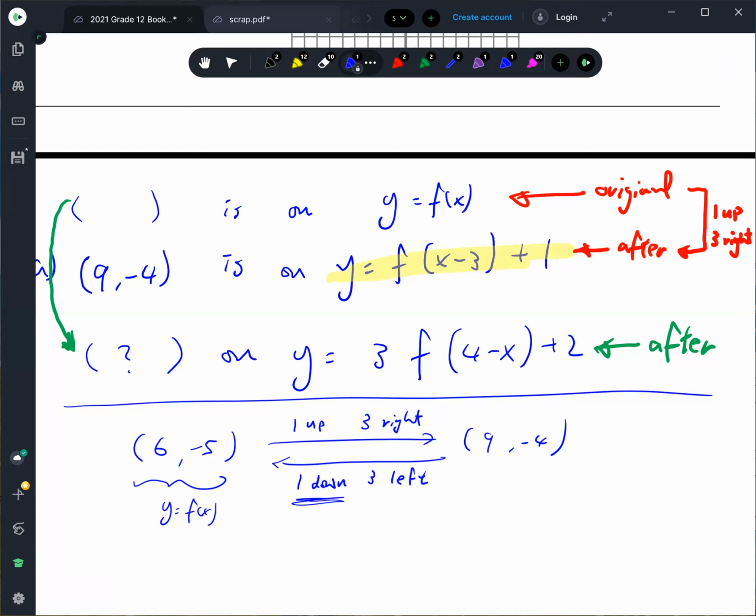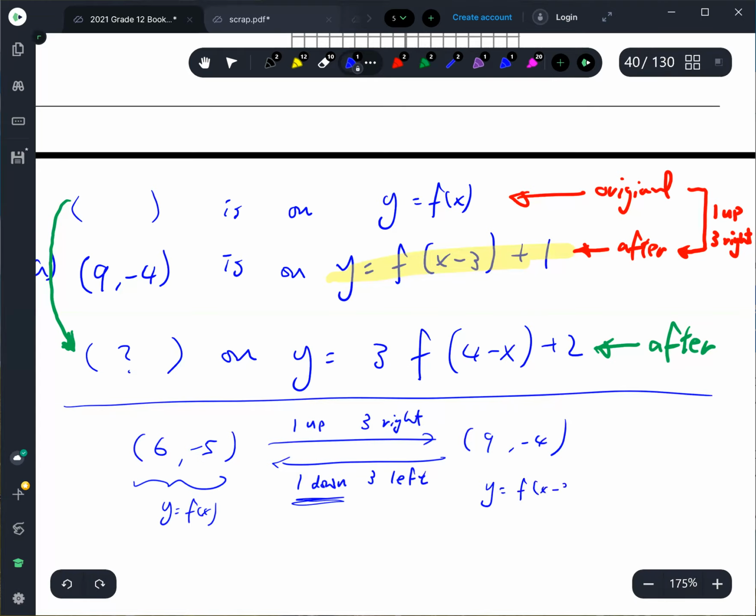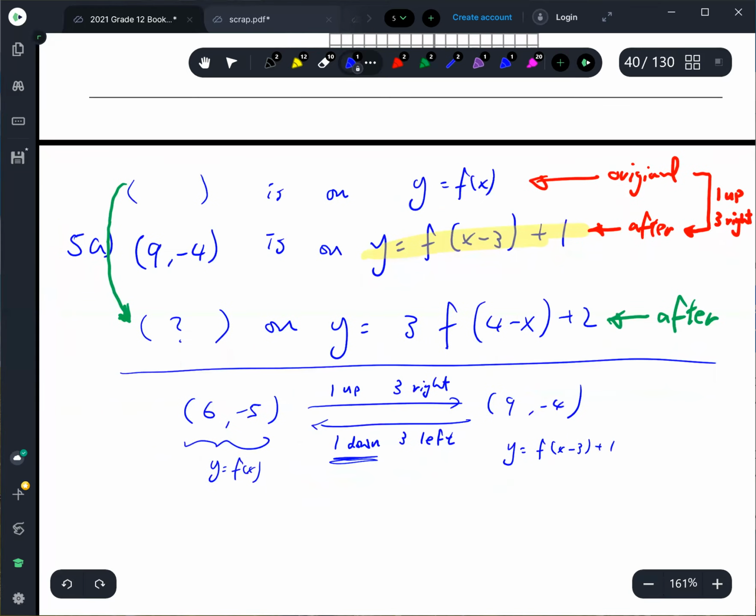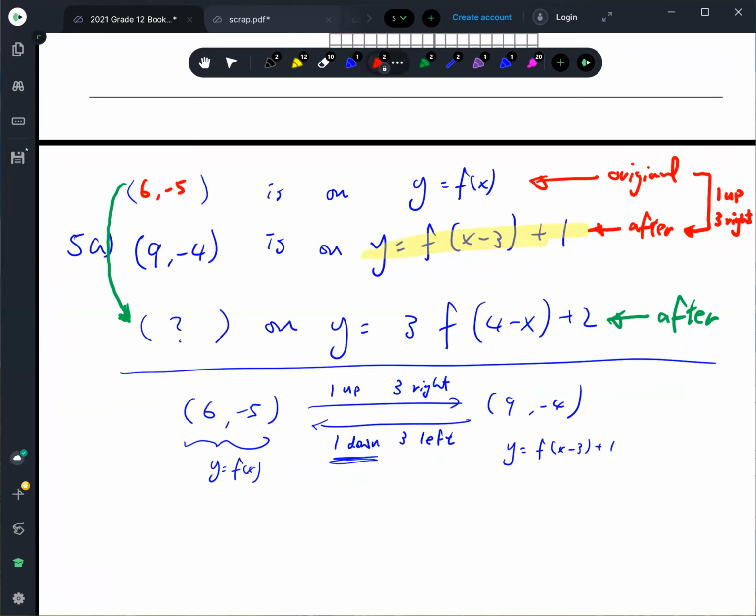That point should be on the original. Okay, and then the 9, -4 is on the function they gave you. So now you got the original. Original is at 6, -5. Now we can start from there to get to the after, the green one, the one they want you to find.